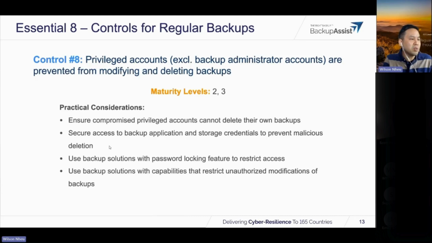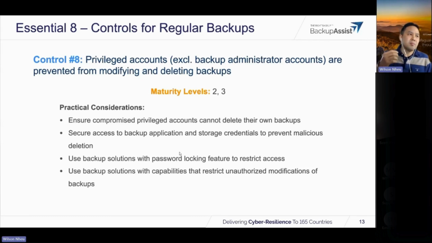And one way to do this is to secure access to backup applications, as well as, we talked about access control and making sure that you store the credentials properly. So that we talked about already. One thing in addition to what we talked about earlier is that you also want to consider using backup solutions that have password locking features.